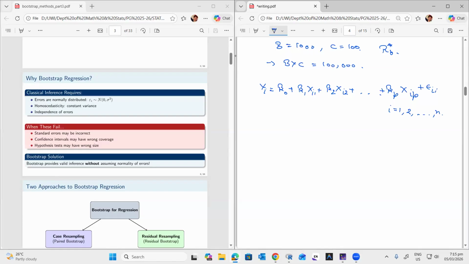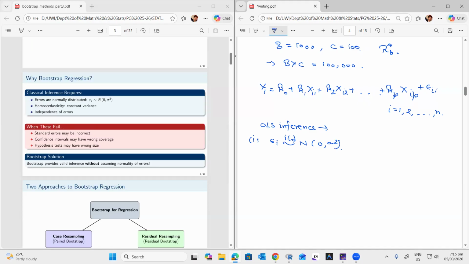So what are the assumptions when you are going to find the ordinary least square estimates and apply ordinary least square inference? The first assumption is that the errors are normal, that means epsilon i is IID normal distribution with mean 0 and variance sigma square.